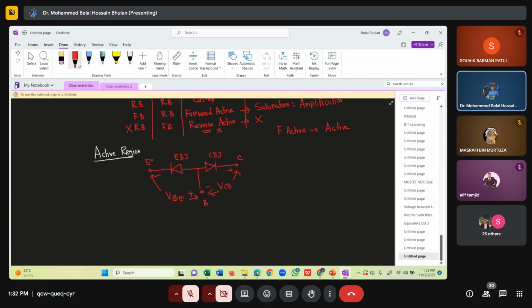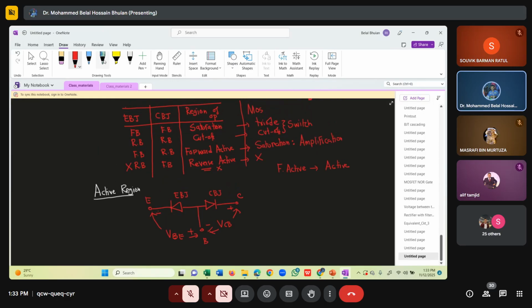So see, the P side is connected to the positive terminal, the N side is connected to the negative terminal, so it is forward bias. And here the P side is connected to the negative terminal, the N side is connected to the positive terminal, so it is reverse bias. So now I can say it is operating in the forward active region.